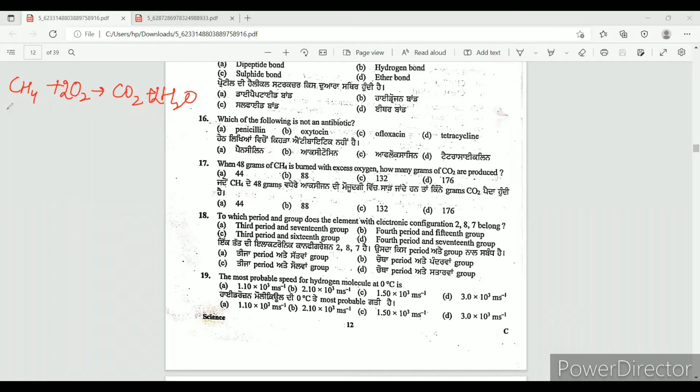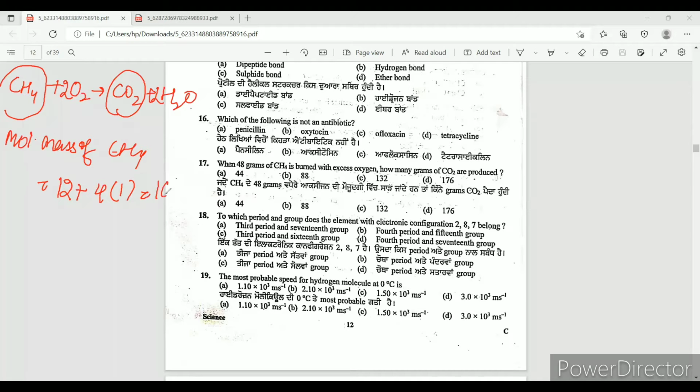Now you can clearly see 1 mole of methane is producing 1 mole of carbon dioxide. So let's calculate the molecular mass of methane and carbon dioxide. The molecular mass of methane, CH4: the mass of carbon is 12, the mass of hydrogen is 1, so the answer will be 16, right?